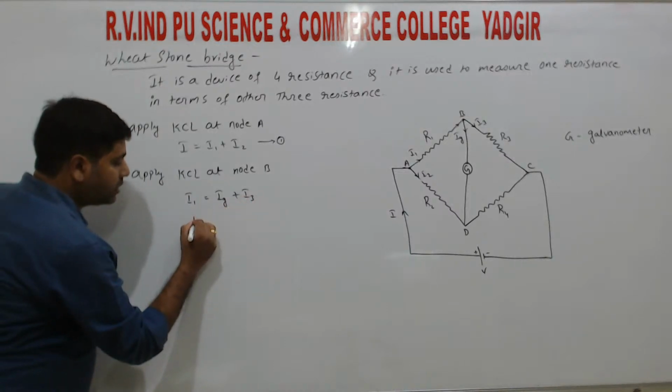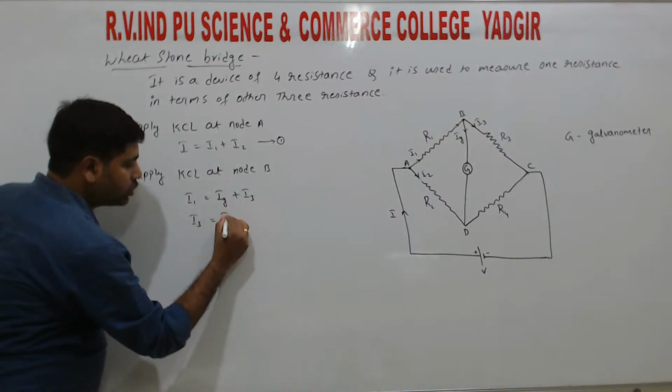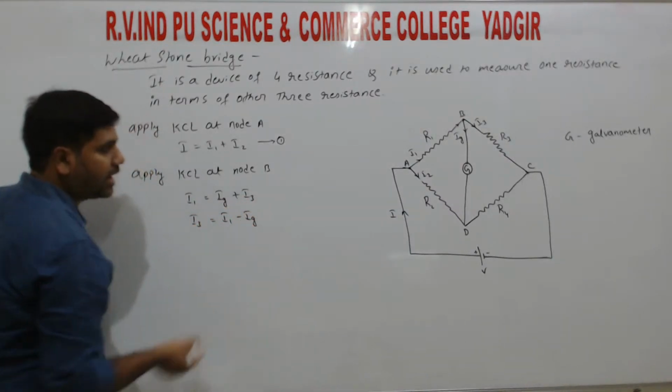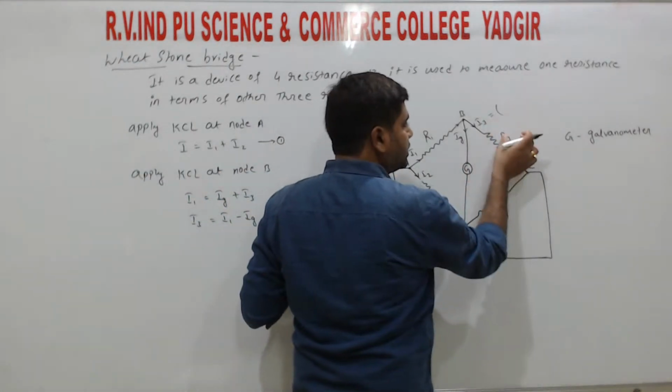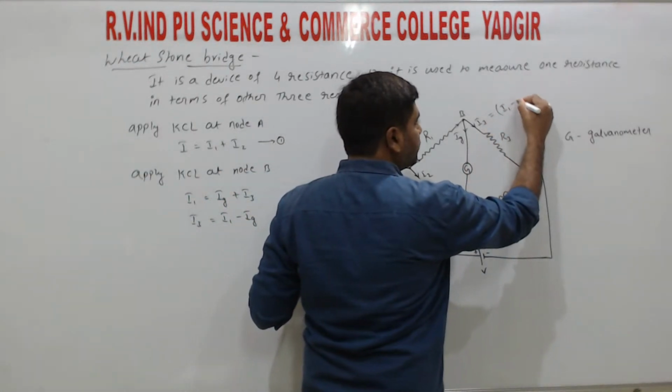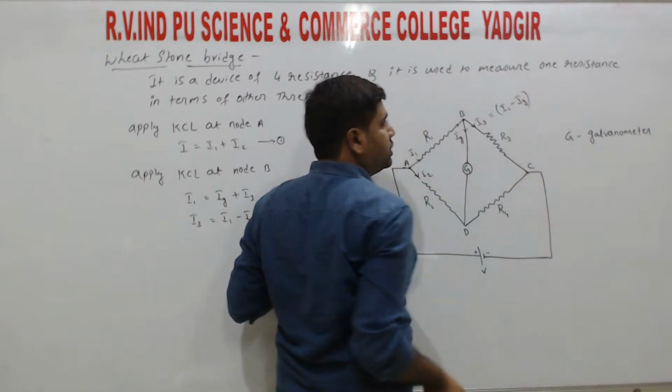So we can write I3 is equal to I1 minus Ig. That means the current flowing through the resistance R3 we can write as I1 minus Ig.